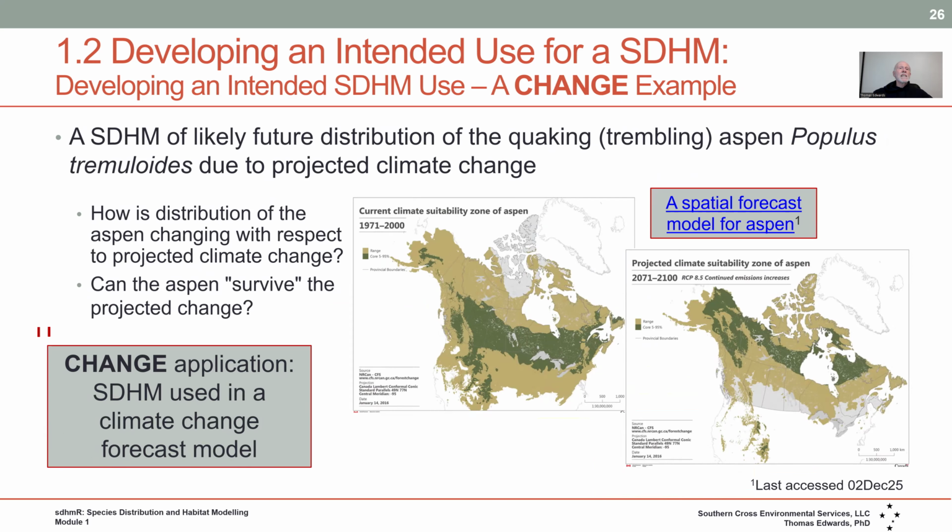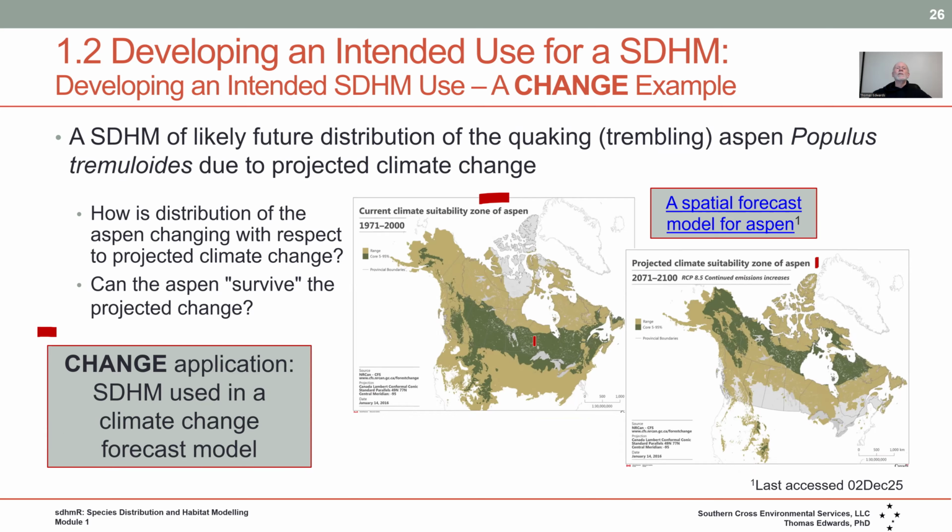This is a change application. This is a Canadian-based model of where aspen zones are likely to contract based on changes in climate. And the climate relationships are those ecological predictors. So they just didn't willy-nilly make this up.